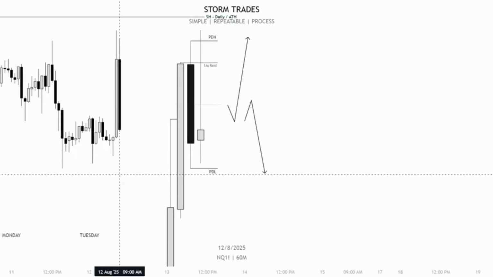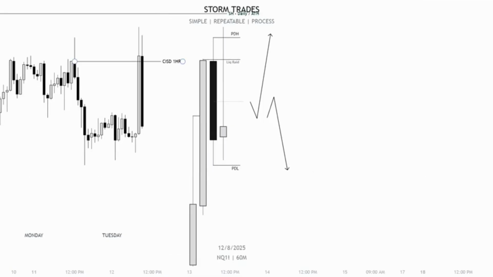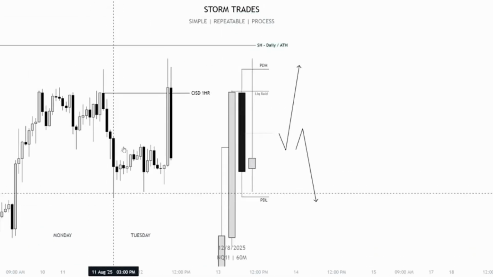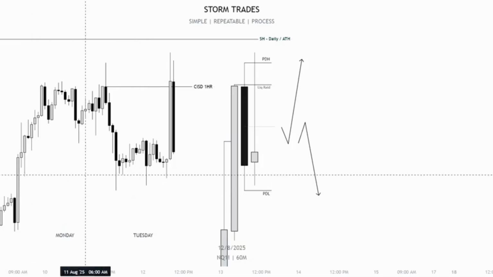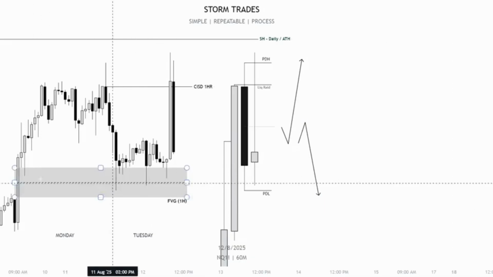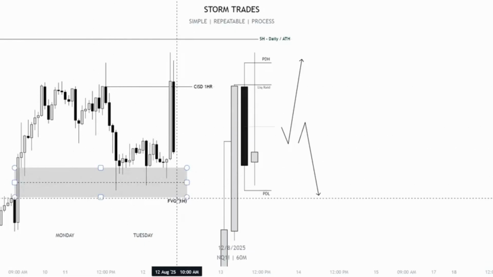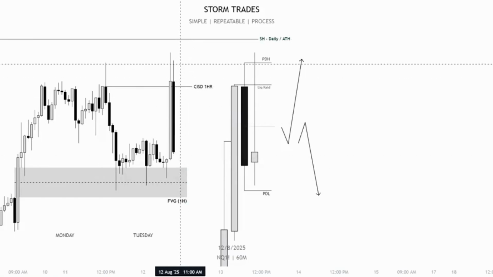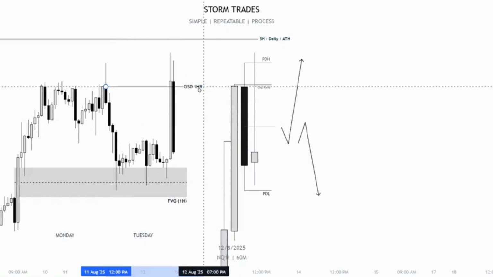And price has been bullish, and I started to notice a number of things. For starters, we actually had a change in the state of delivery to the bullish side. We swept out a bunch of liquidity here. We had a move down into this internal range liquidity, and then a displacement up, and we closed above this series of down close candles on the hourly.